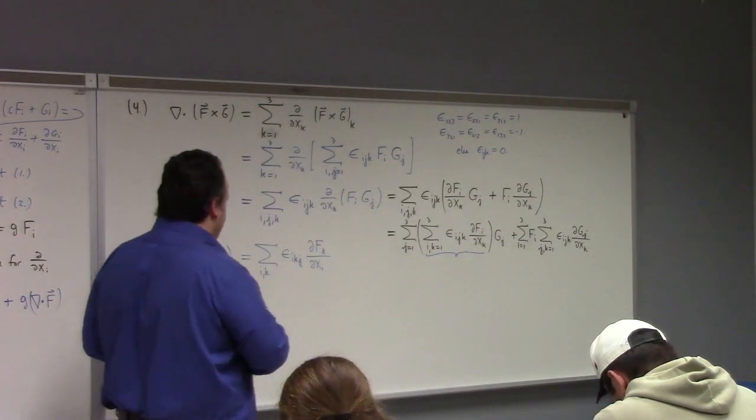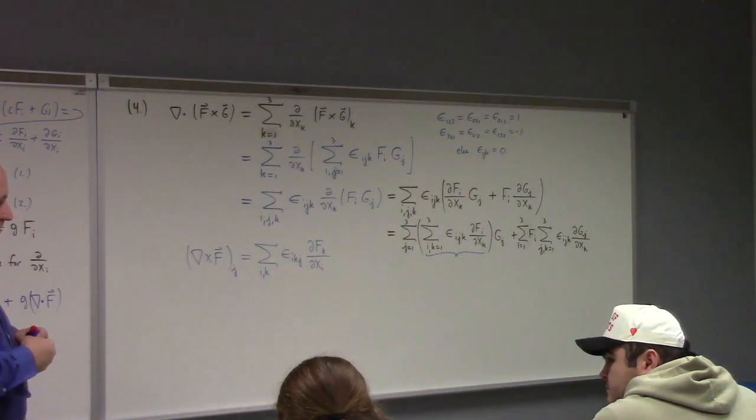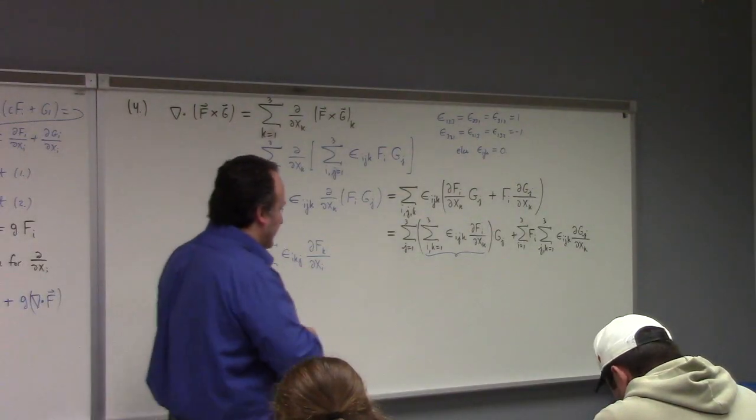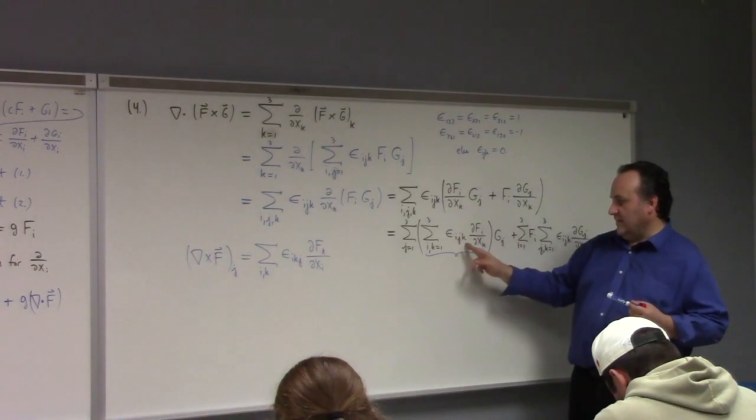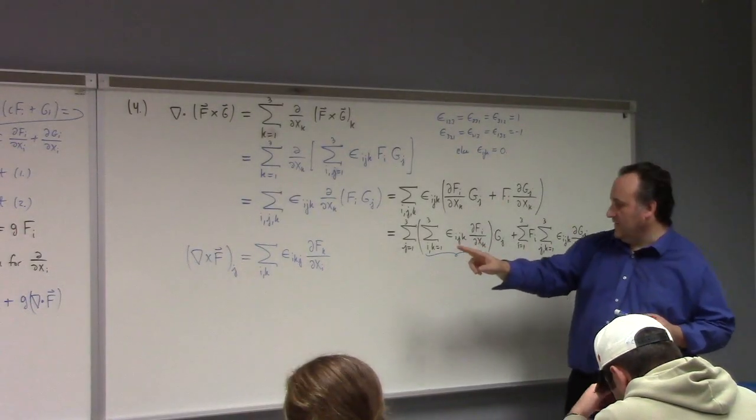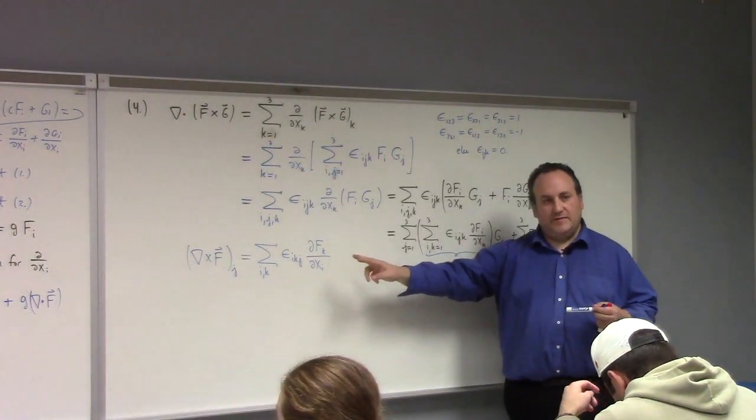That's the pattern I need to pick up the jth component of the curl, but you notice that the indices are not in the right order. I have ijk, what I need is ikj.